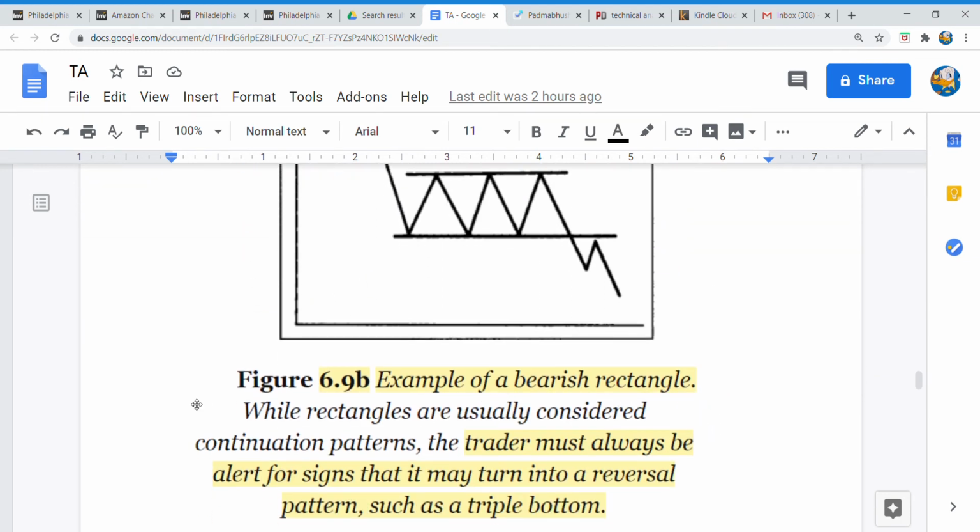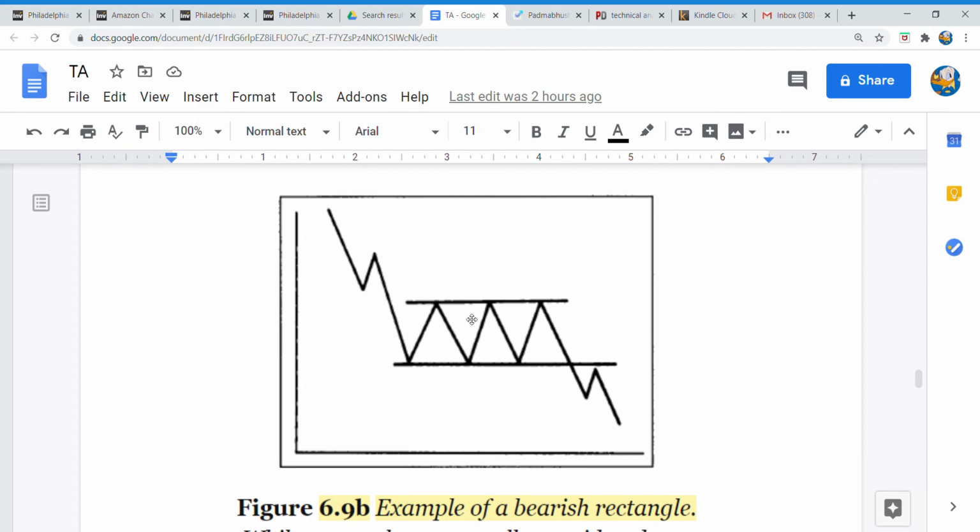Example of a bearish rectangle. While rectangles are usually considered continuation patterns, the trader must always be alert for signs that it may turn into a reversal pattern such as a triple bottom. So a rectangle can turn into a reversal pattern called a triple bottom pattern.